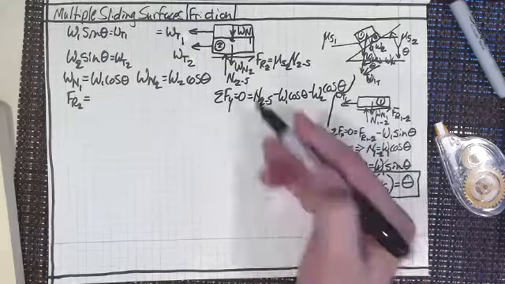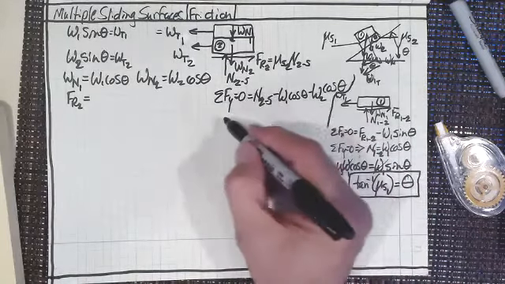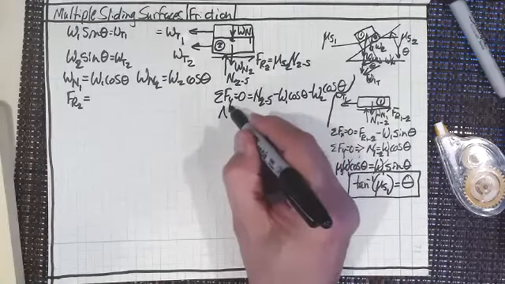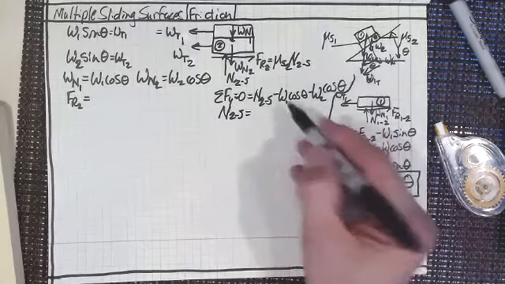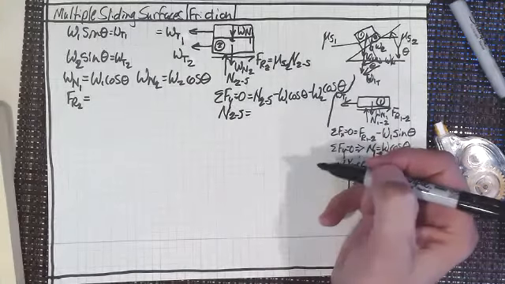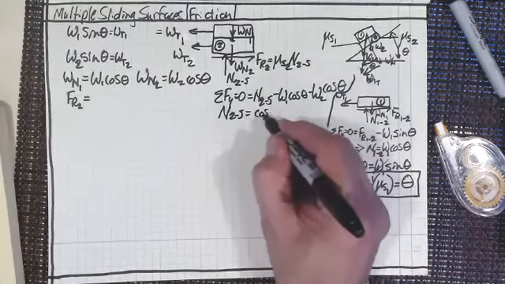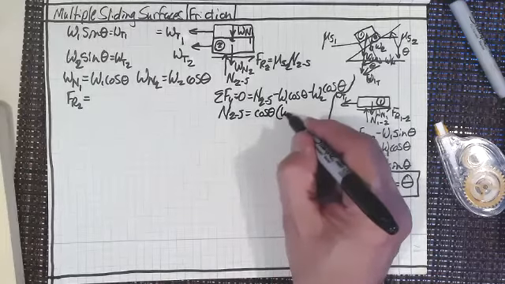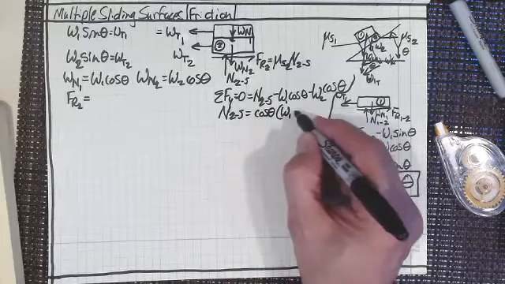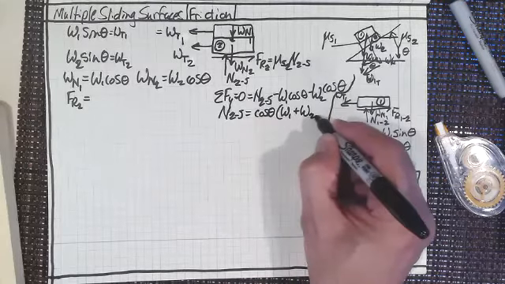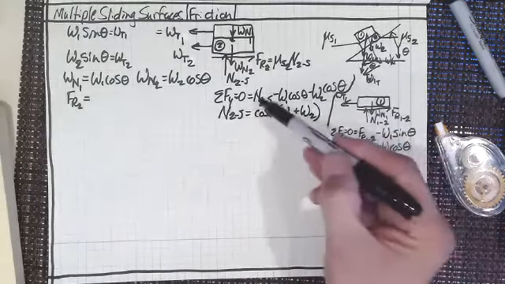So we can also see from that summation that N to S is just going to be equal to cosine theta times W1 plus W2, right? Because I kept that there.